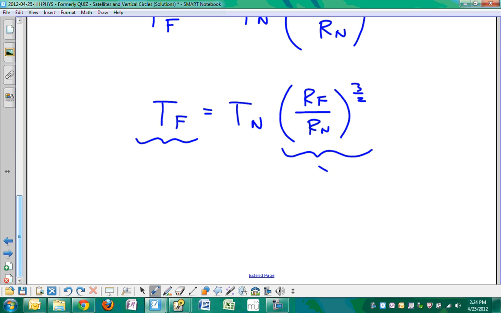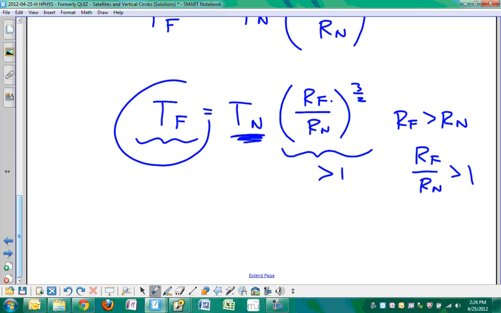It is greater than 1 because the farther planet has a greater radius, so r farther over r nearer is greater than 1. If we multiply our given initial period by a number that's greater than 1, then this side is going to be greater than this. So T farther is greater than T nearer.